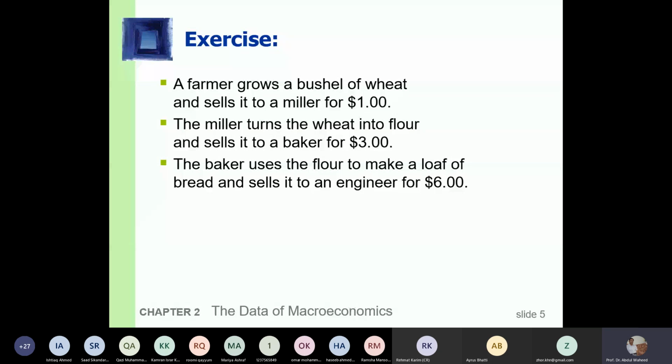Instead of taxing the baker for this final good, we can apply tax on value addition. So tax could be applied at each stage, and then it would be distributed. So I think now it's clear how to calculate value addition, and GDP is the sum of the value added.